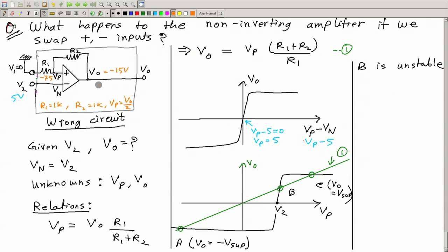So once again, let me write a few more points. The solution is A or B, which means VO is equal to V supply or minus V supply, depending on the previous value.